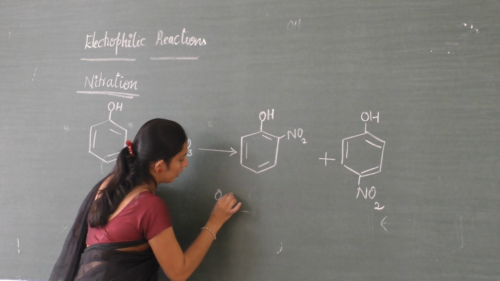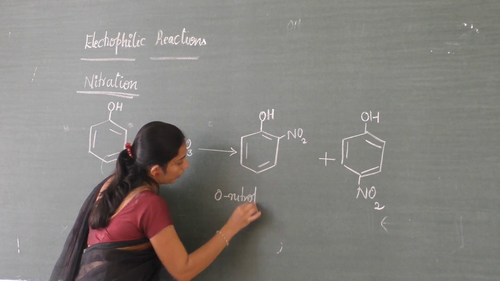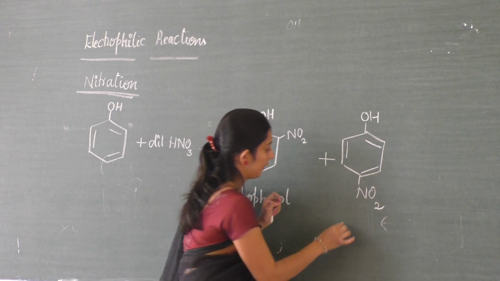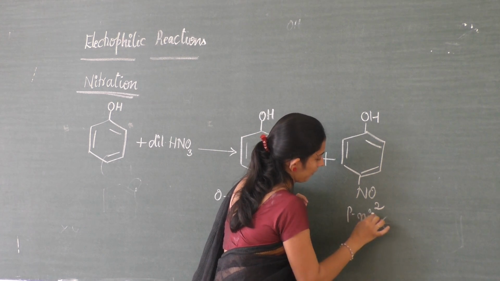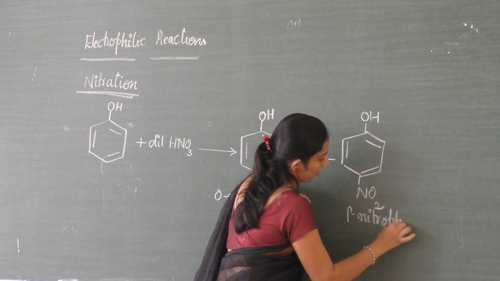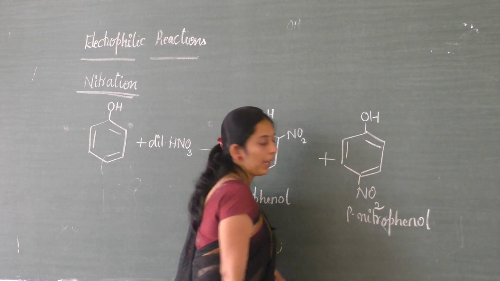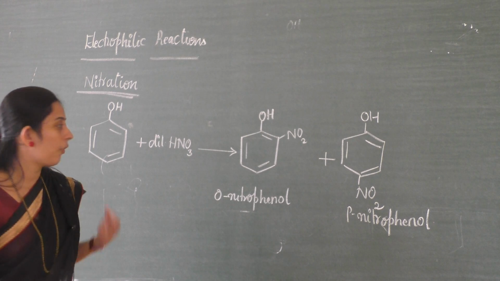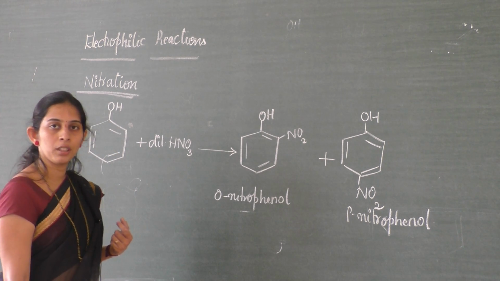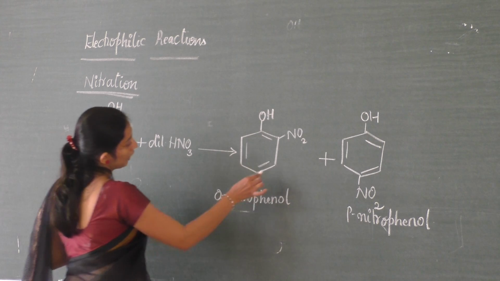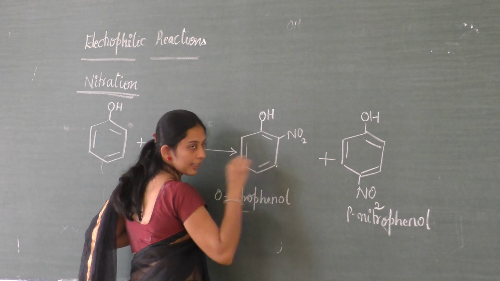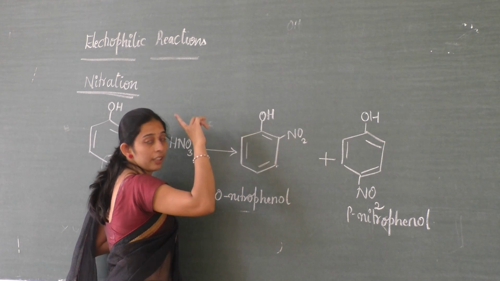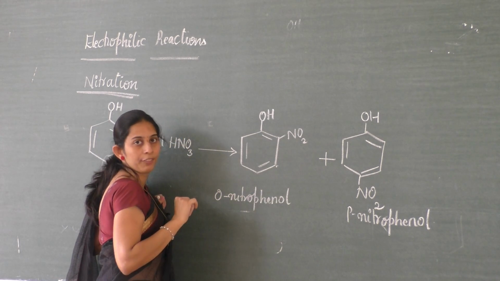Either ortho-nitrophenol or para-nitrophenol is present as a product. So why is meta-nitrophenol not formed? Because the meta position has less electron density, so less electron is present. Earlier we wrote the resonance structure of phenol.